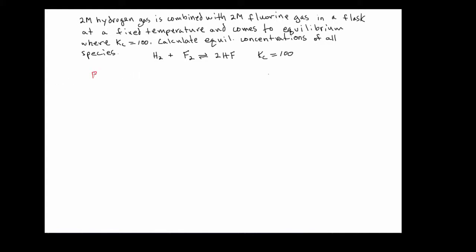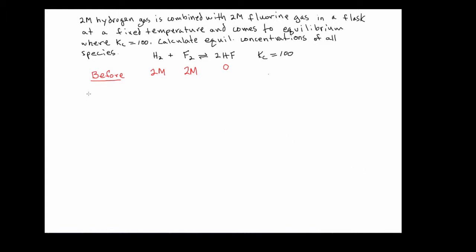In my box I write down the conditions existing before equilibrium is reached. We have 2 molar H2 and 2 molar F2, so we have equal initial concentrations of both reactants, and we have 0 of the HF because we assume in the before situation that no reaction has taken place at this point.